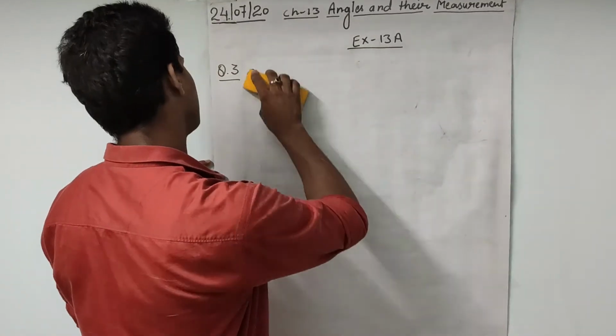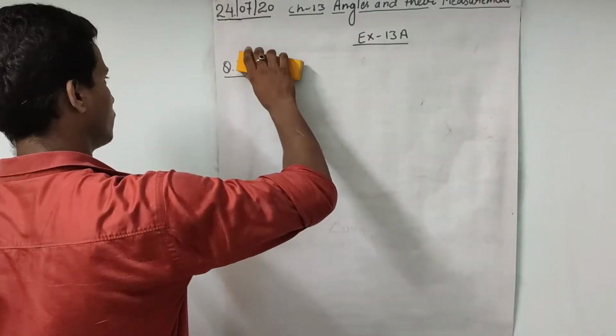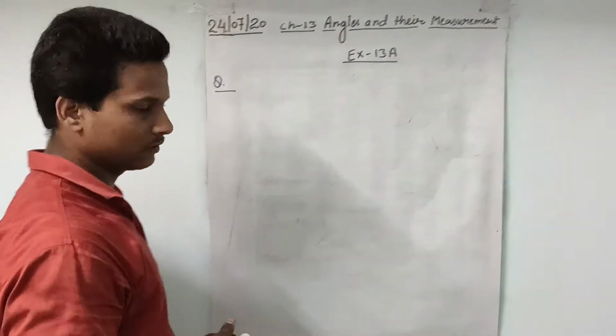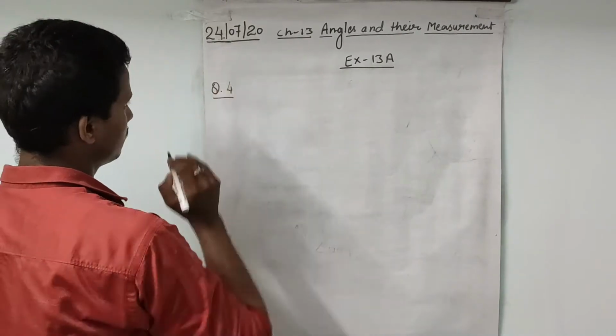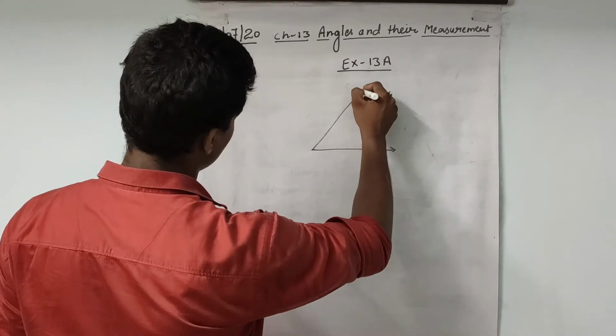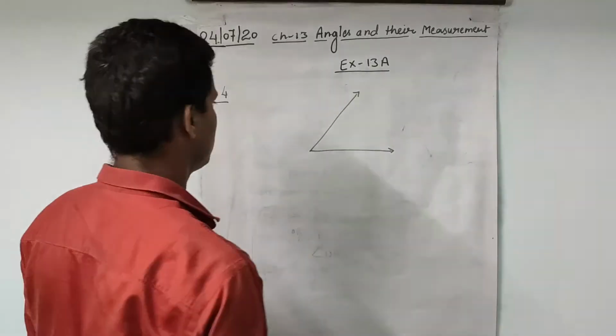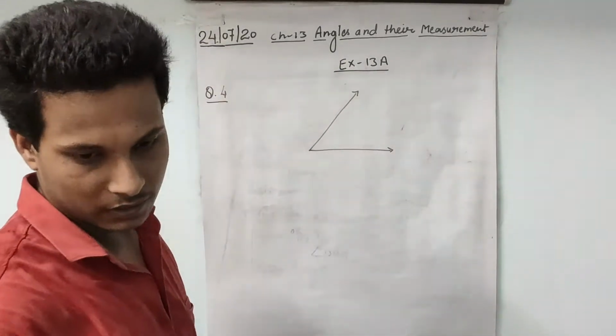Now next we have question number 4. Question number 4 is a very easy one. We need to just identify the interior, exterior, and points that lie on the angle.